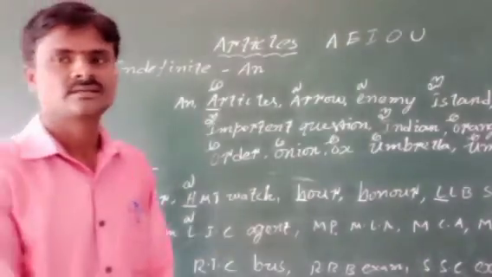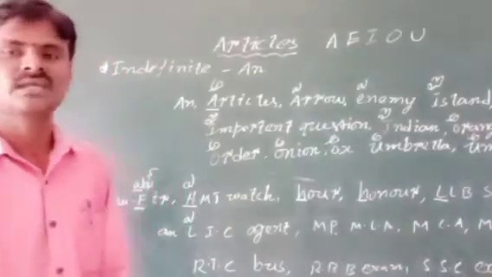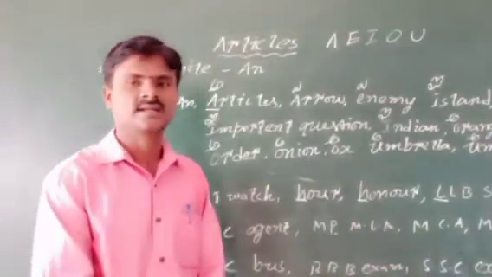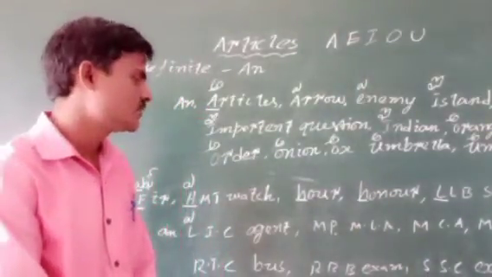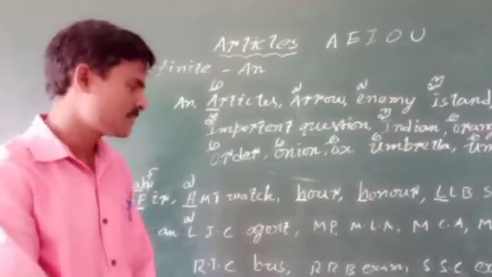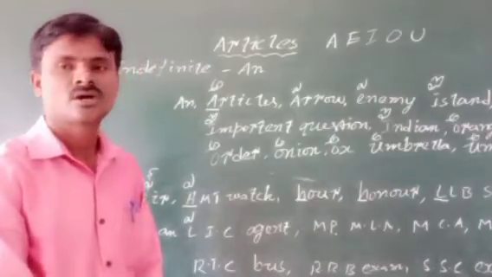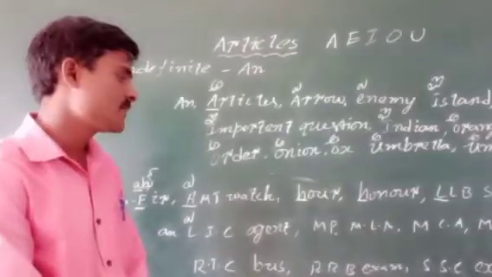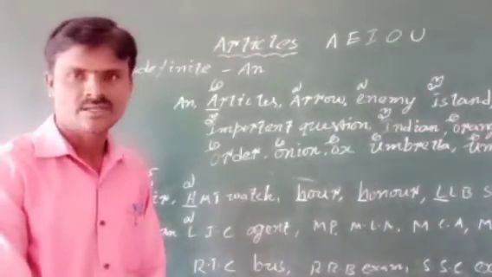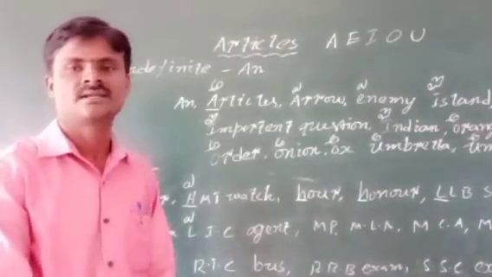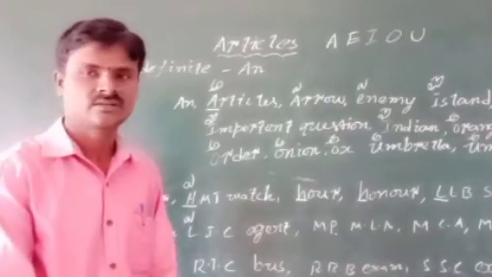An MP candidate, an MLA candidate. If you use candidate after MP or MLA, you have to use "an" MLA and "an" MP. An MP candidate and an MLA candidate you have to use.